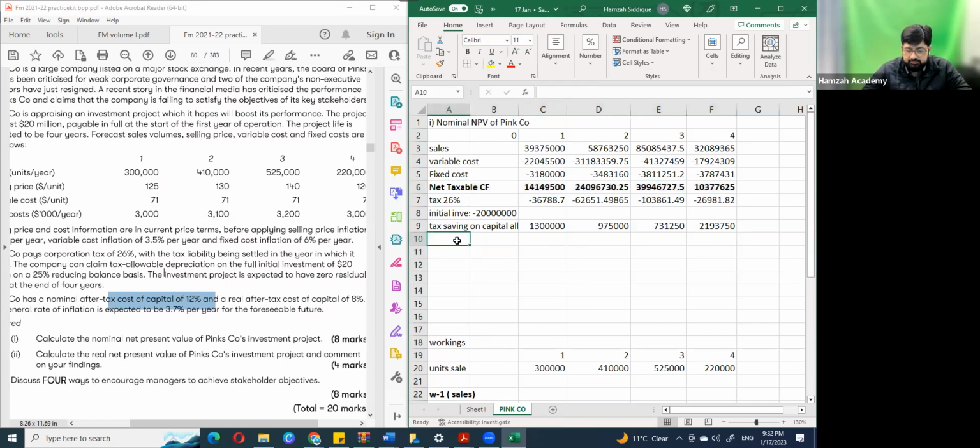Yes. Anything left? Nothing. Everything is done. Net cash flow. Sum.